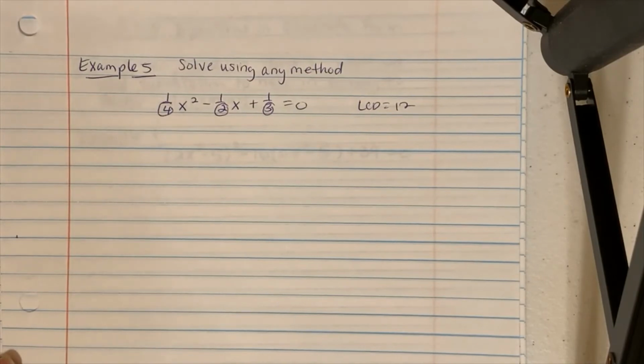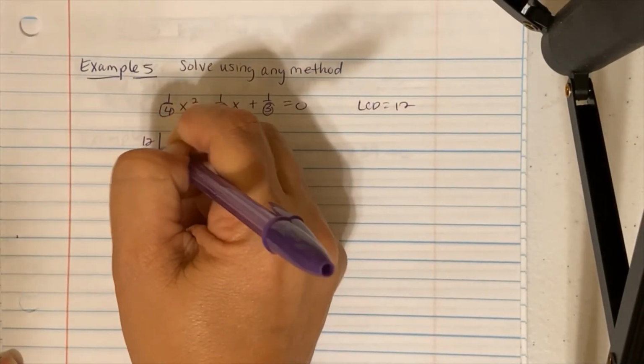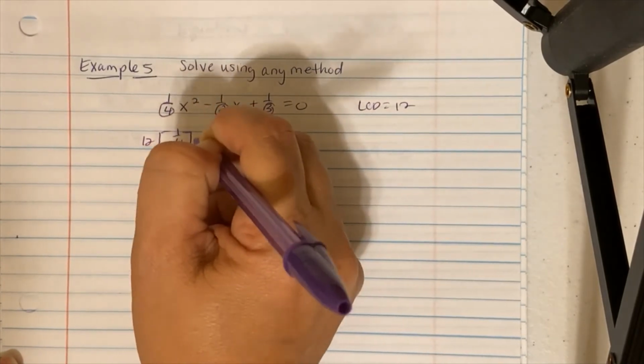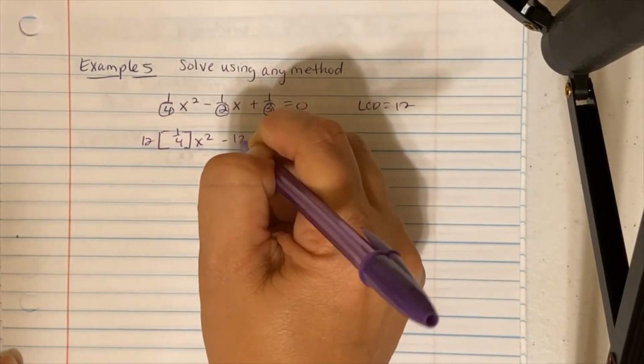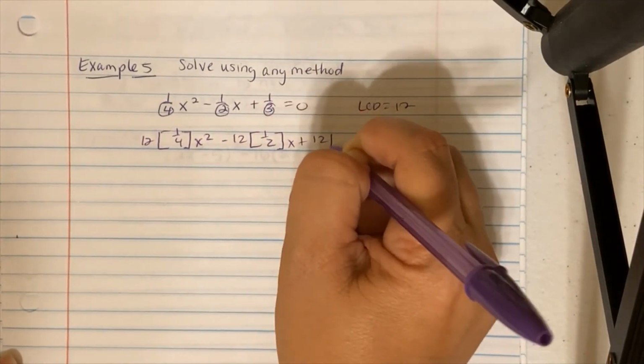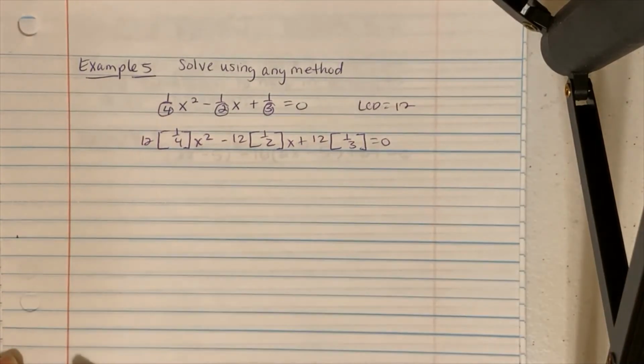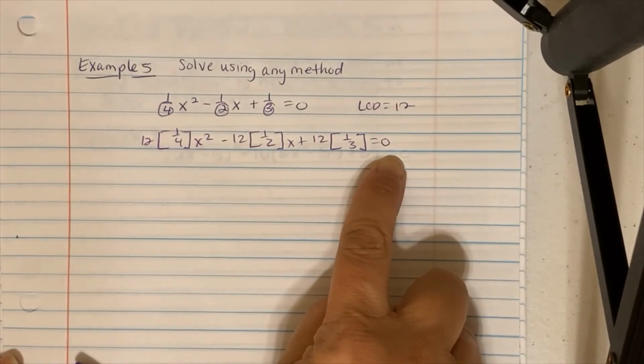In order to get rid of your fractions, multiply every single piece by 12. And I didn't bother putting a 12 on this side because 12 times 0 is still going to be 0.